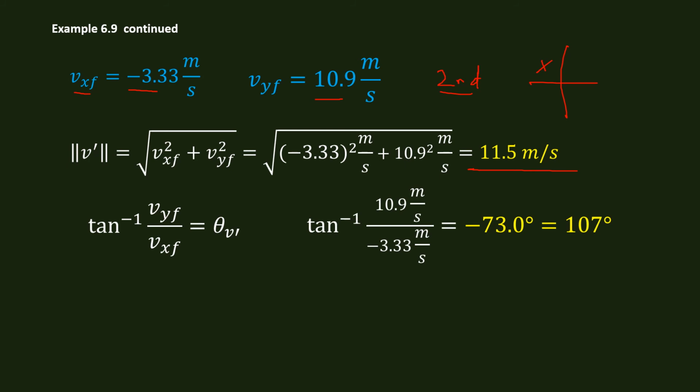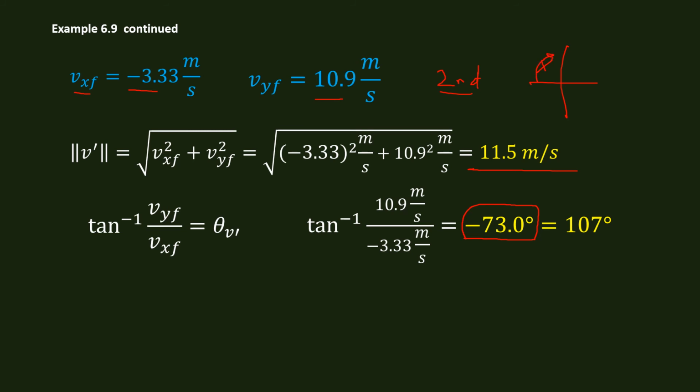Now when you plug this into your calculator, you're going to get negative 73 degrees. This is not the correct answer. You're going to have to add 180 degrees to it. This negative 73 is actually coming from the negative axis side and going clockwise, like this up here.